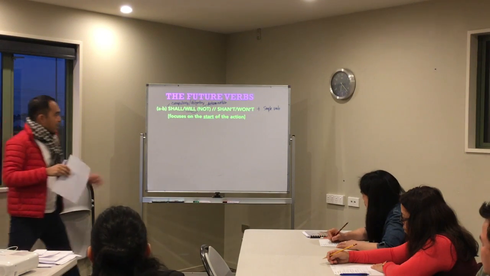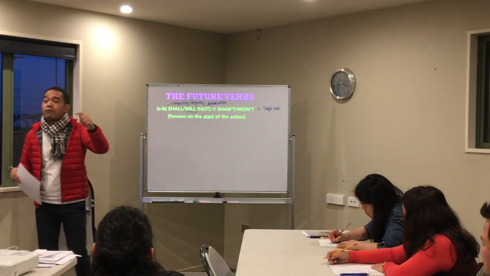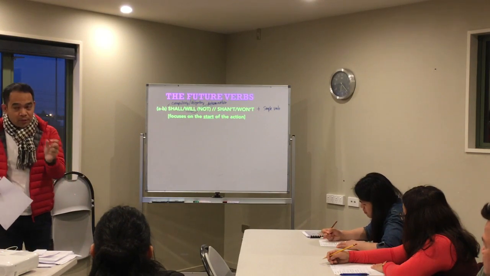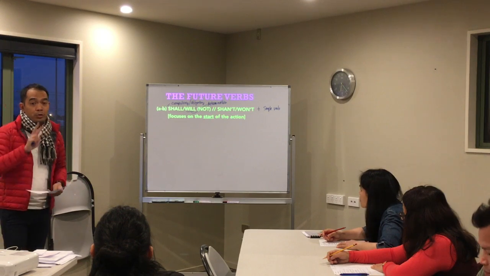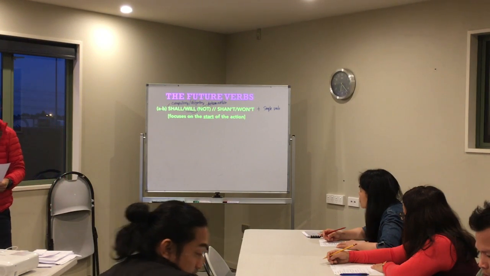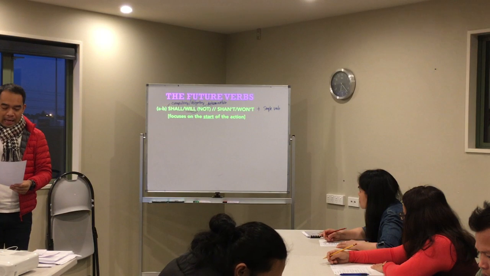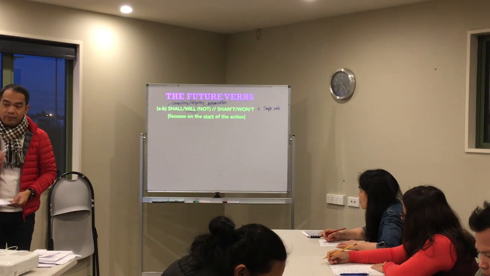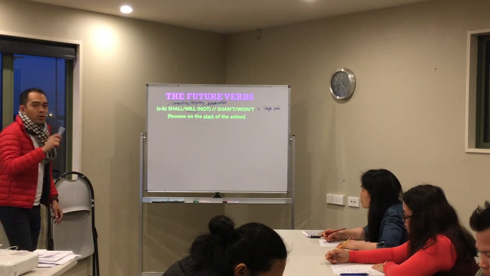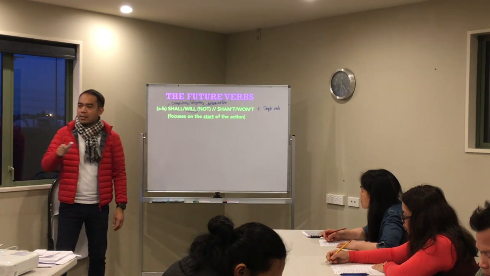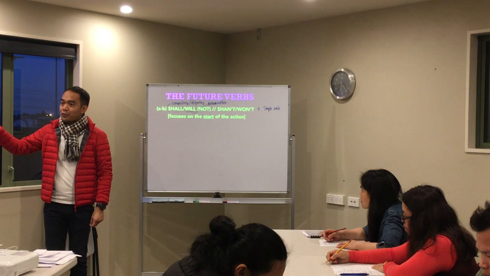Now, I'm emphasizing this one, guys, because there's another future verb form that focuses on something else. But first, take a look at form number 2 here. If you talk about an action that will happen or continue at a definite future time. Now, if you can remember yesterday, guys, I taught you about the so-called past verbs where we use the ing form.